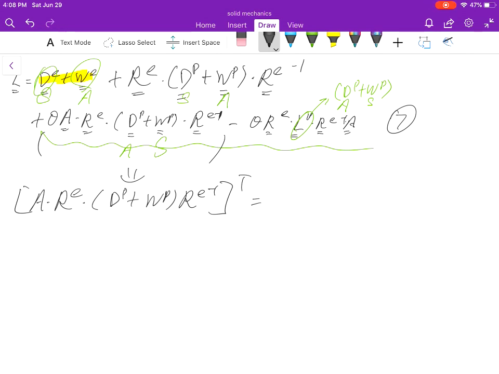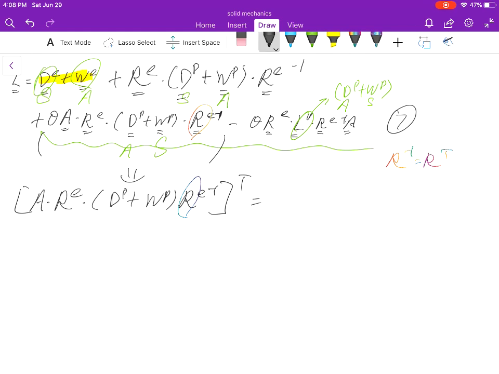Also another thing to see is that because this R matrix is orthogonal, we have R inverse equal to R transpose.